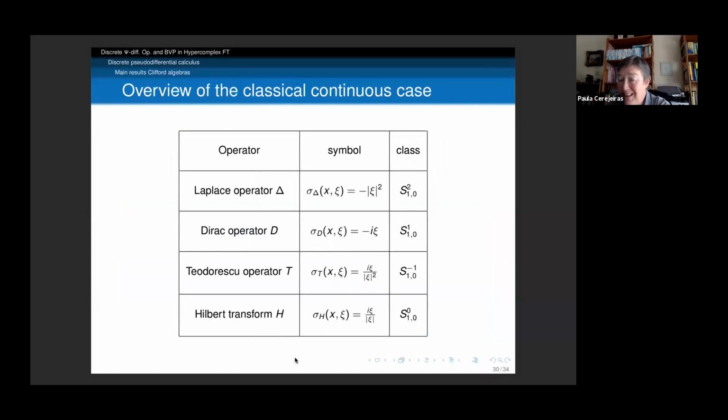So let's view the classic continuous case. For the Laplace operator, you have the different classes here, indicating the degree of decay. The Dirac decreases regularity by 1, the Teodorescu integral operator increases the decay and the regularity, and the Hilbert transform changes nothing in the operator.